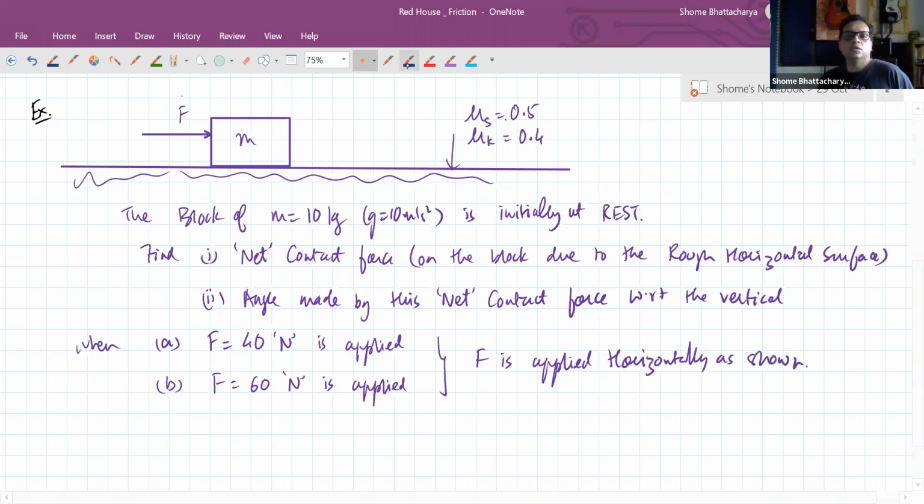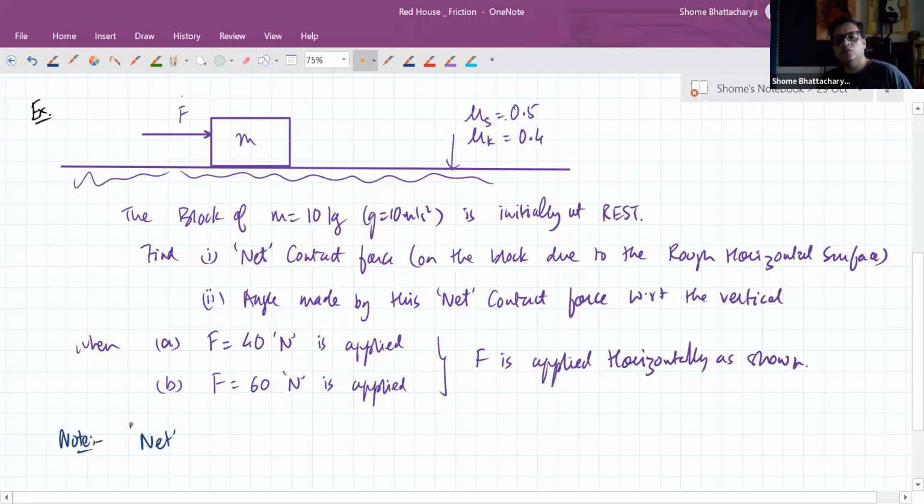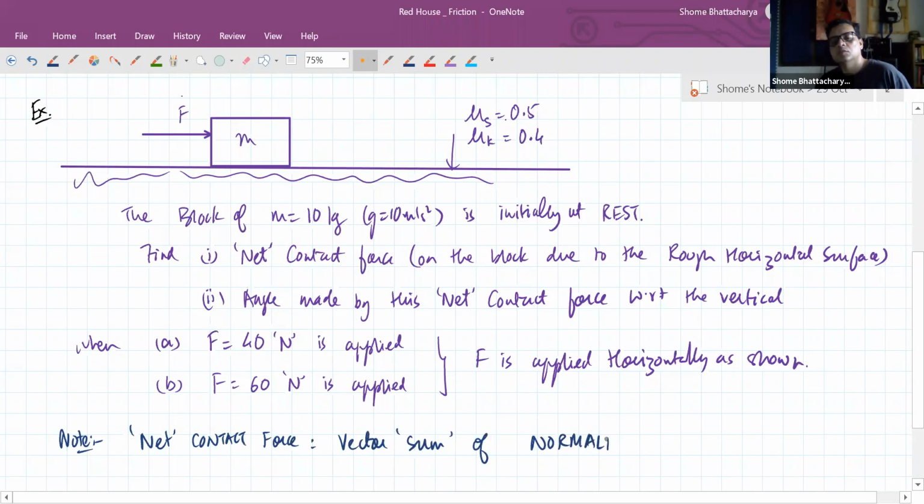Okay. So in this type of question, what we have to understand before we get into it is what we mean by net contact force. What is the net contact force? It is the vector sum of normal reaction force and friction, because both are contact forces.